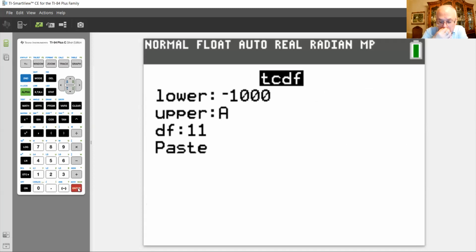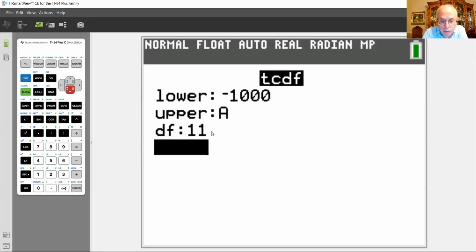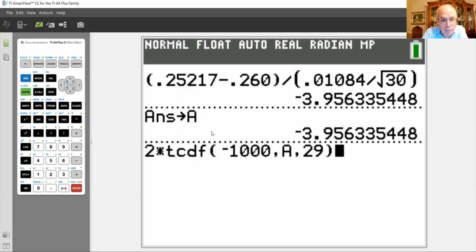Remember, since our test statistic is less than 0, we're going to use this form here. Negative 1,000, lower end. It's going to be left tail. A, upper end. We've already stored our test statistic in A. Our degrees of freedom, well, there's 30 of these teams, so we're going to use 29 as our degrees of freedom. Hit enter. That's what it should look like if you were doing it with your 83 calculator.